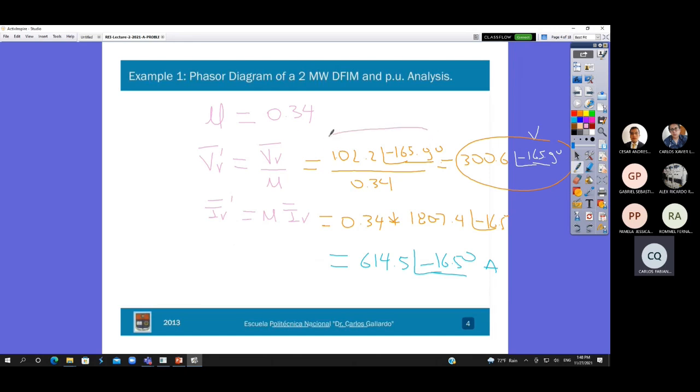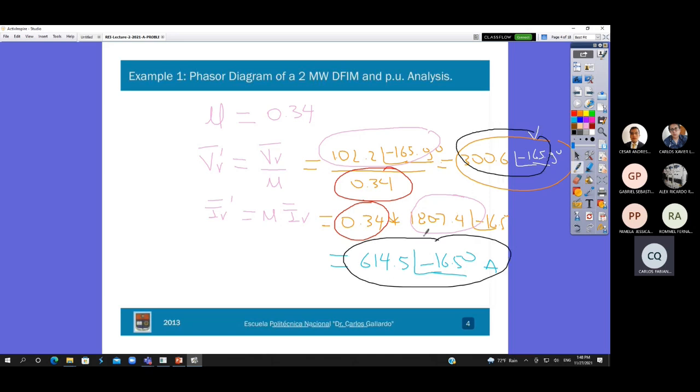If I have this value and this value, the frequency of operation is 50 Hertz. But because I am using the turn ratio, it means I am referring from the stator to the rotor side. So now these values are referred to the rotor side.